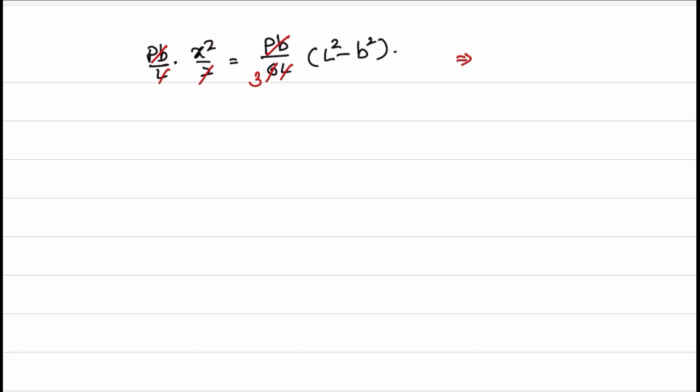That implies x square is equal to L square minus B square by 3. x cannot be negative, it is plus or minus, but distance cannot be negative, hence we have taken the positive value, square root of L square minus B square by 3. This is the value of x.